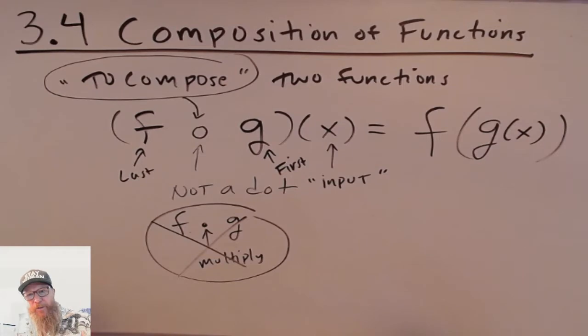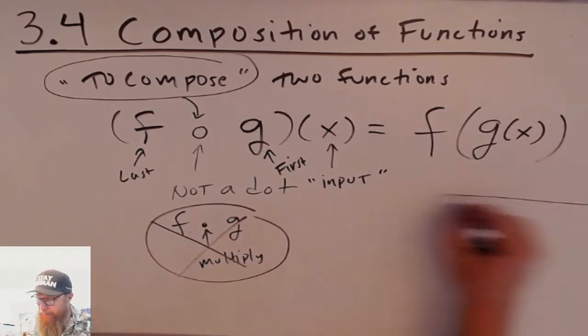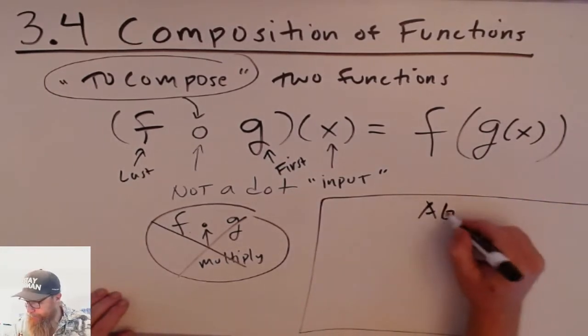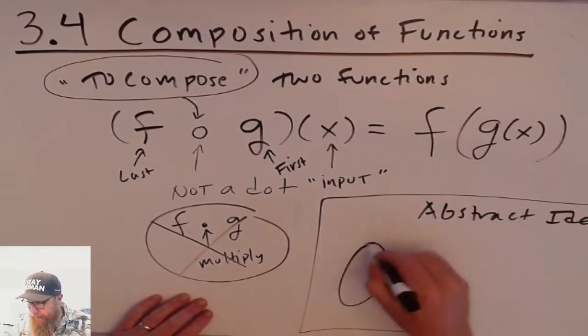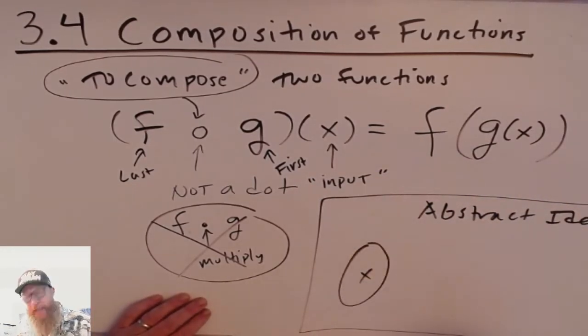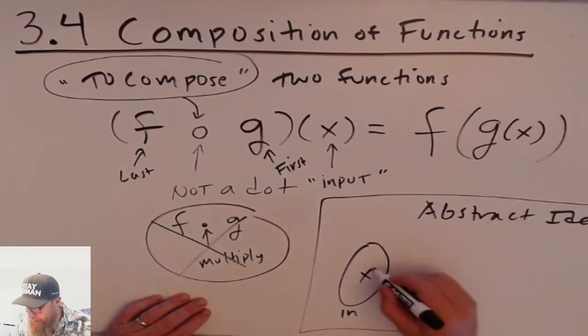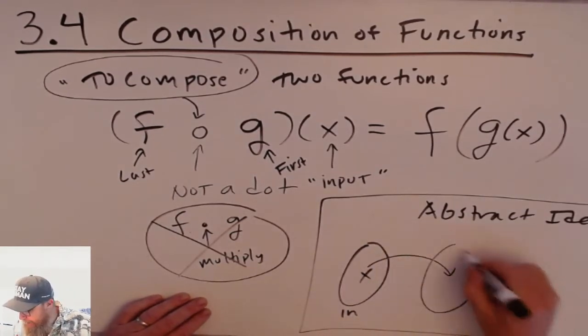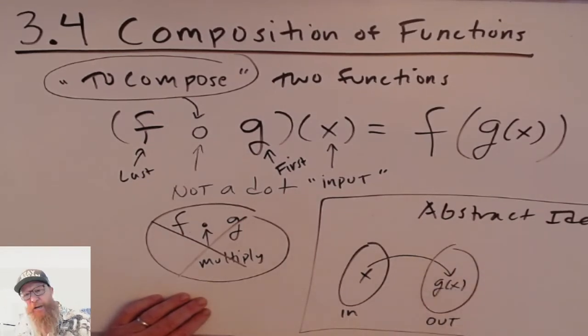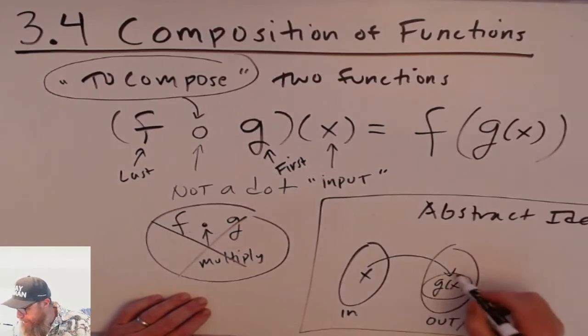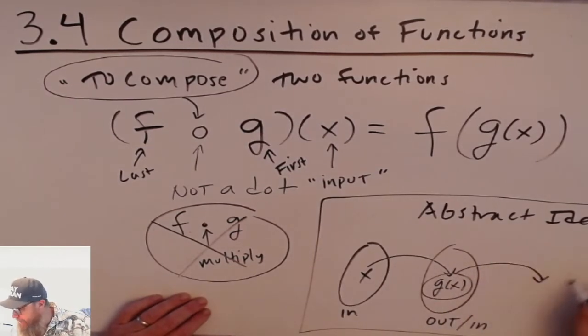So in other words, here's the abstract idea. You're taking an x, that's your input. You are plugging it in to become the output, g of x. But then the output becomes the input for f of x.